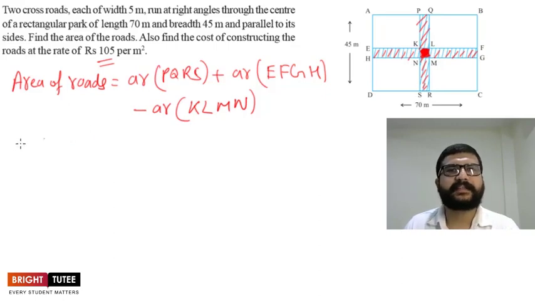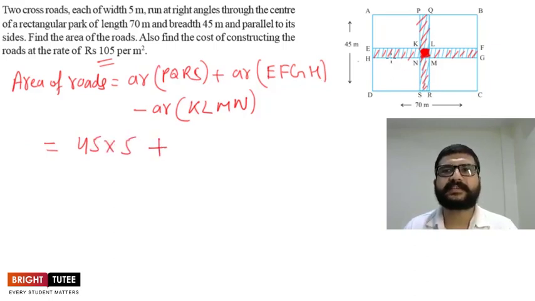Now let's find the areas. So what will be the area of PQRS? It will be 45 into 5, that is length into breadth, 45 into 5 plus area of EFGH. It will be 70 into 5. As it is given, width of the roads is 5.